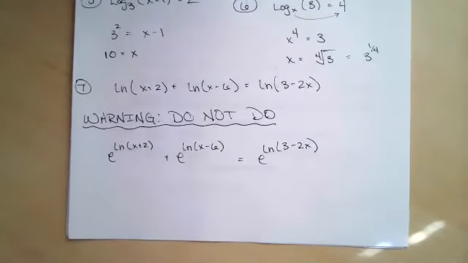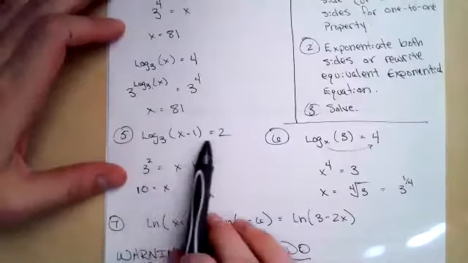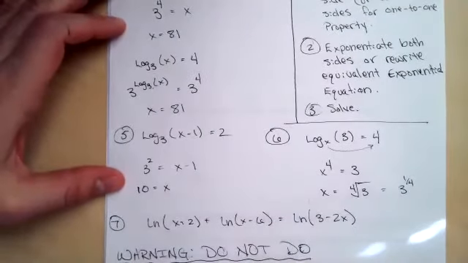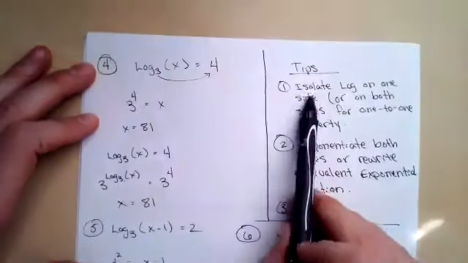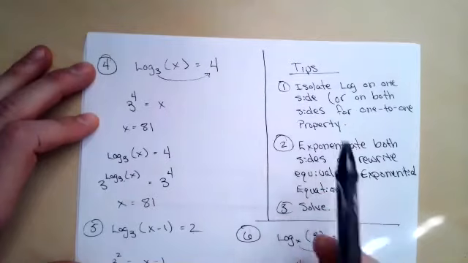Why is this wrong? A lot of people really want to jump into exponentiating both sides. Once we exponentiate both sides, as we saw in these previous problems, it reduces down to solving a polynomial. However, you've got to be careful with how the original equation is written. Sometimes we've got some work to do in isolating these logs.